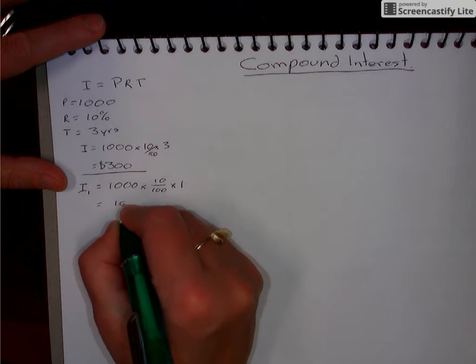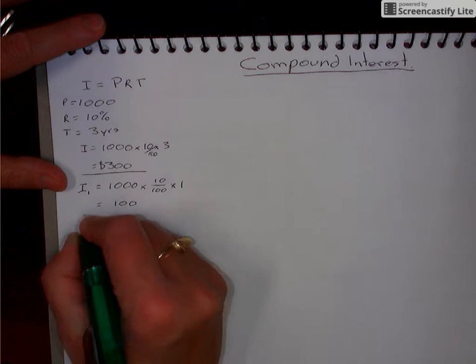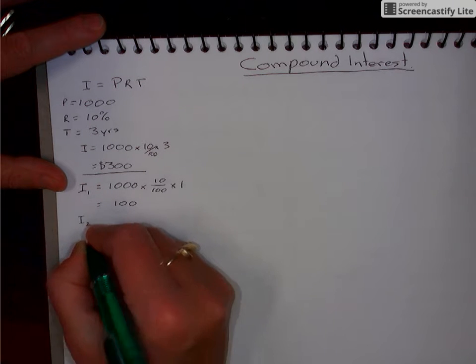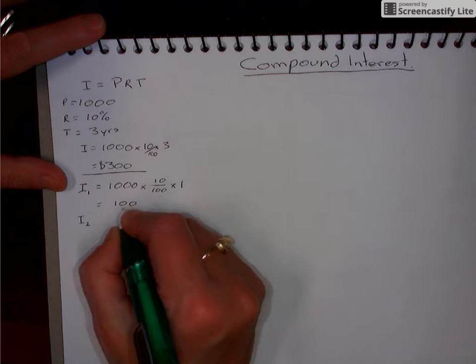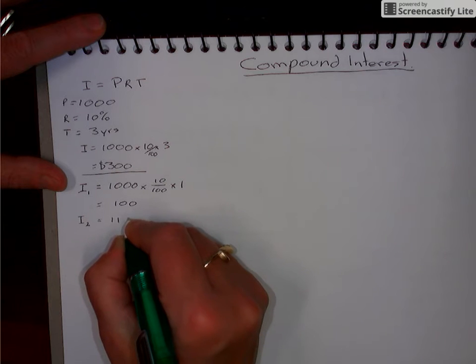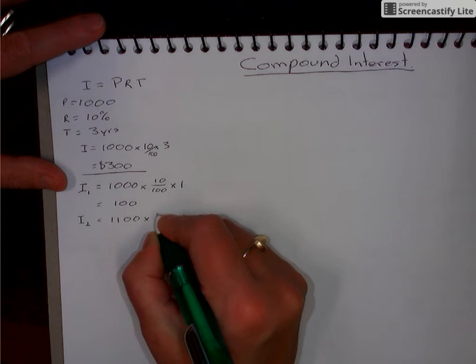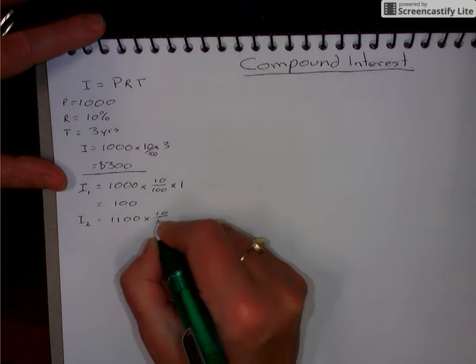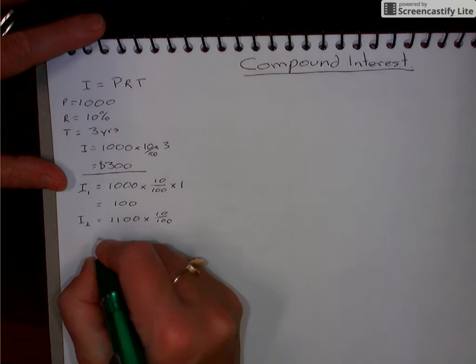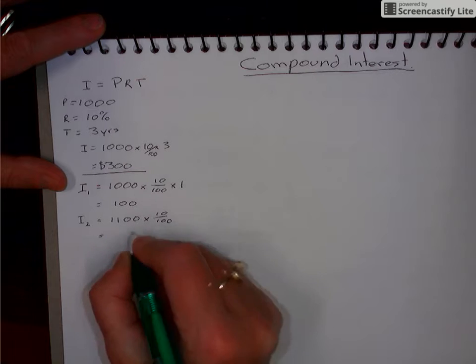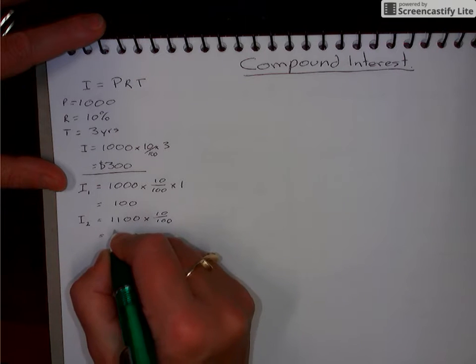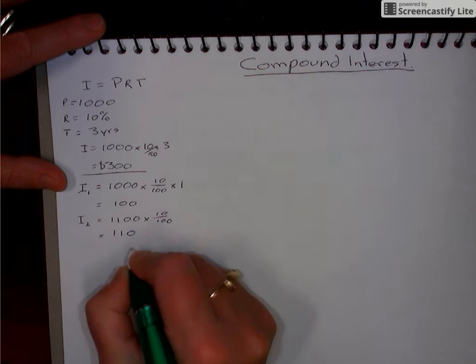That will give me $100. So in the second year, I have my principal plus the 100. So this is where the compounding comes in. So I have $1,100. And now I'm multiplying that by 10%. So at the end of my second year, I get an interest check of $110.